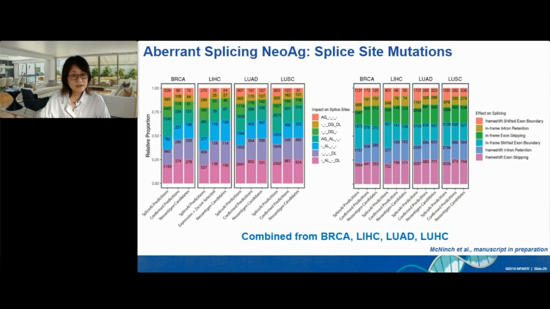For example, the combination of acceptor loss and donor loss in pink towards the bottom gave rise to predicted splicing events, the confirmed prediction by both expression and z-score, and the number of neoantigen candidates in TCGA breast, liver, lung adeno, and squamous cell carcinoma. To the right are the counts of different types of splicing events, such as in-frame or frame shift exon skipping. I'll let you stare at the slides for a couple more seconds.